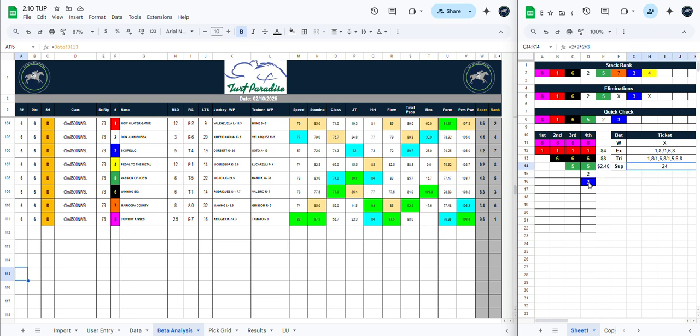But again, I think it's really important that if you see something like this where you're like, I feel good about my handicapping, I feel good about where I think these horses can land, I think it's good for you to go ahead and pump up any of those things as your bankroll will allow, and to match your opinion. So then I would go here with a 1-8, with a 1-6-8, with a 1-5-6-8, with a 1-2-3-5-6-8.